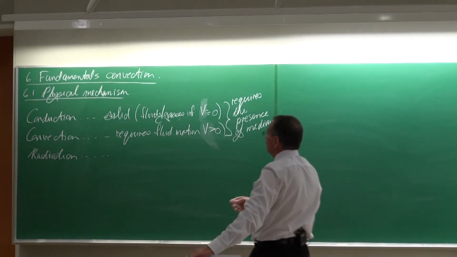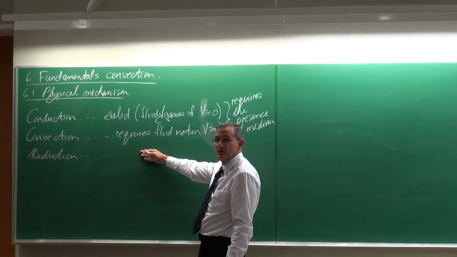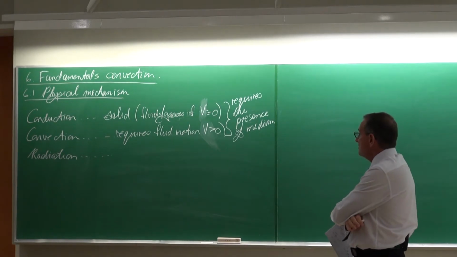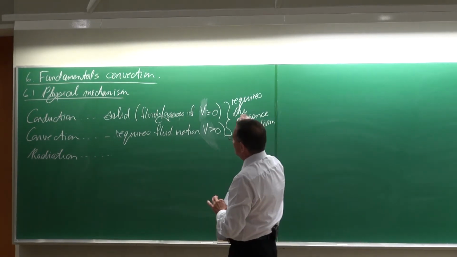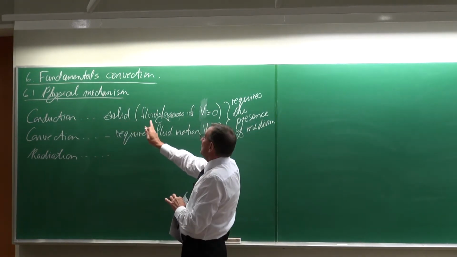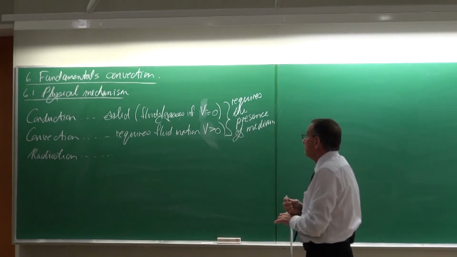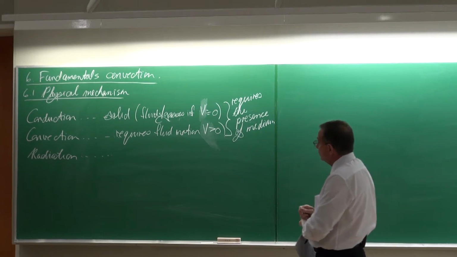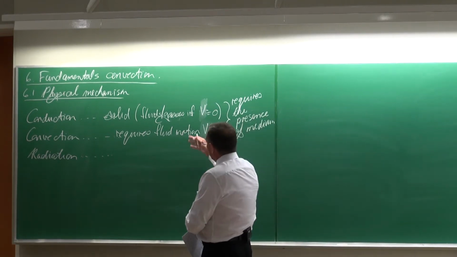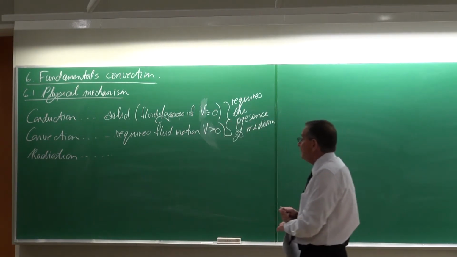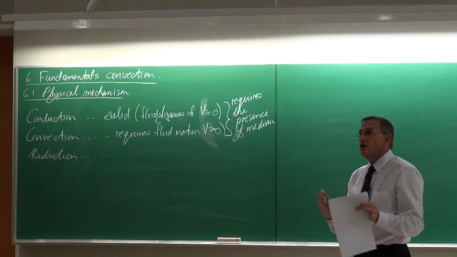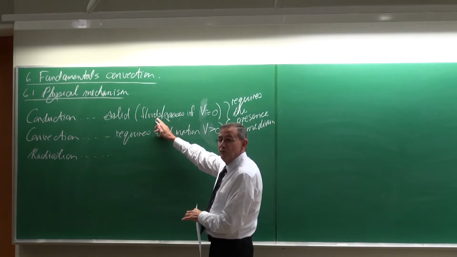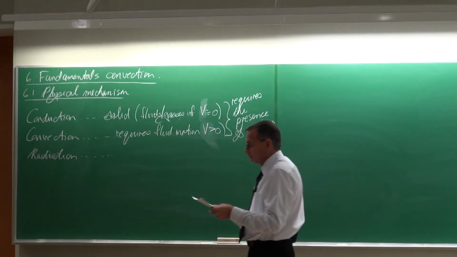It can radiate right through a vacuum, no medium, but these 2 require a medium. Conduction heat transfer is normally in solids, but it can also occur in fluids and gases in very special cases, and I will explain it to you just now. Convection heat transfer is normally where there's a motion of another medium, and normally the medium would be a fluid and or a gas.